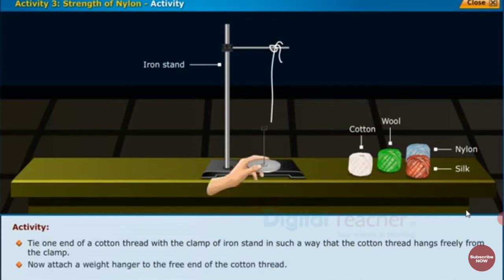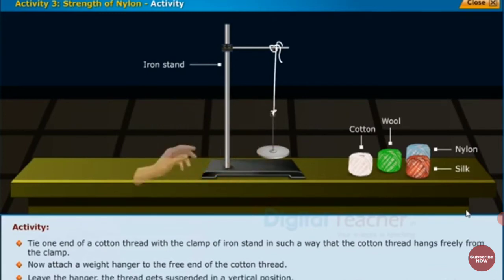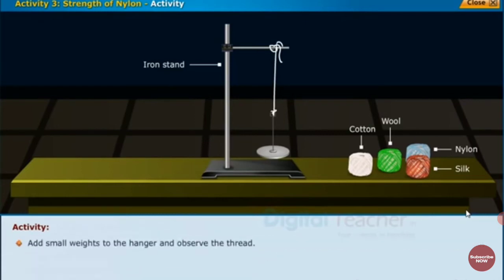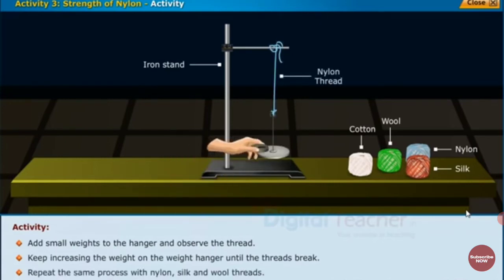Now, attach a weight hanger to the free end of the cotton thread. Leave the hanger, and the thread gets suspended in a vertical position. Add small weights to the hanger and observe the thread. Keep increasing the weight on the weight hanger until the thread breaks. Repeat the same process with nylon, silk and wool threads.